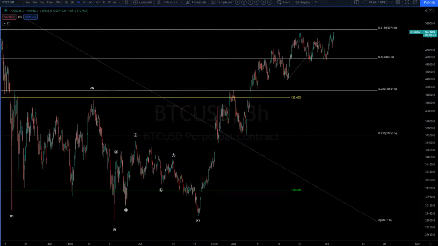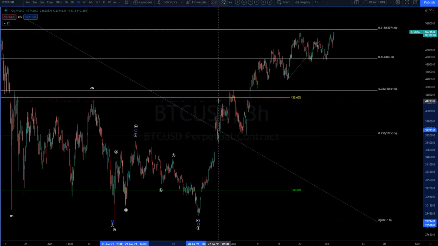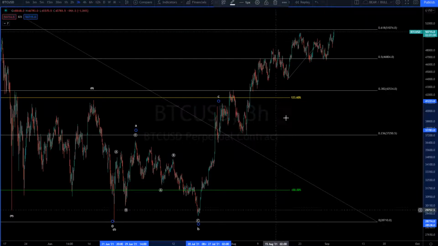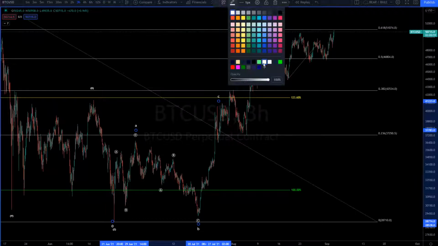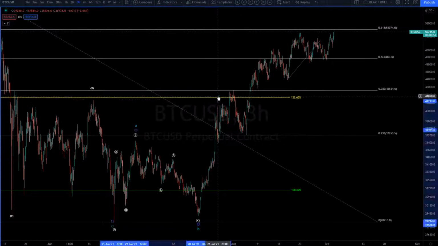So, you know, off of this, if this is an A, B, and working on the C here, right? So the alternative here is that on a higher degree, we've got an A, a B, and then we've got the C up here. Let me just change the color on this. This is our bearish alternative. If you're a bear, this is what you want to see.